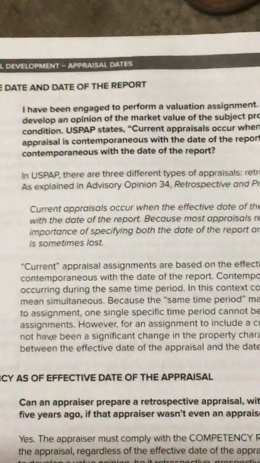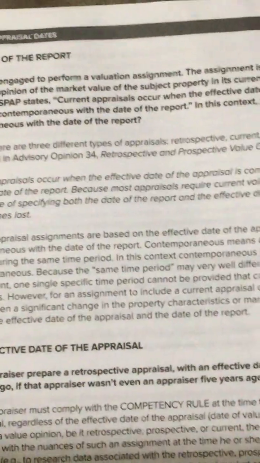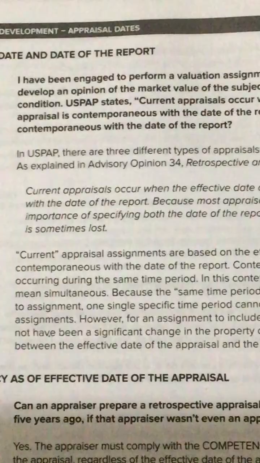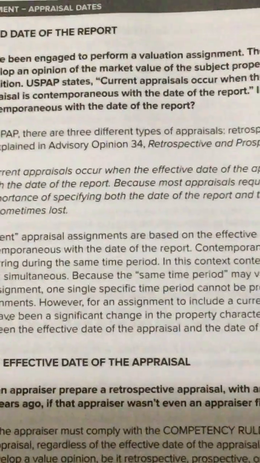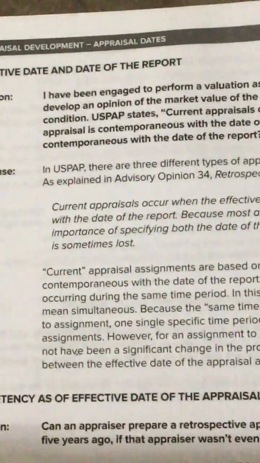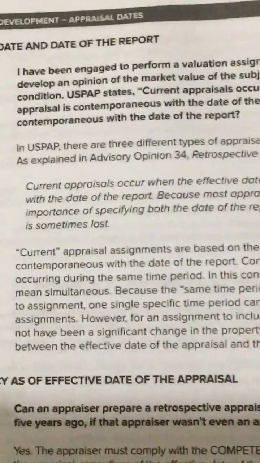Question. I have been engaged to perform a valuation assignment. The assignment is to develop an opinion of the market value of the subject property in its current as-is condition.